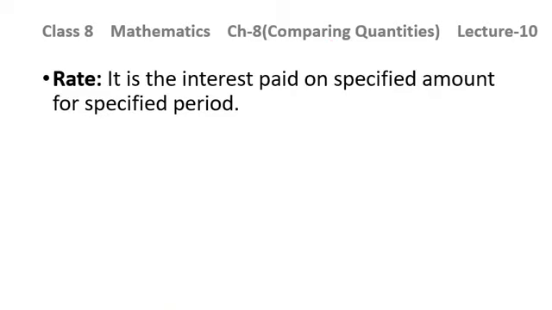Now coming to rate. What is this rate of interest? Rate is basically the interest paid on specified amount for specified period. Specified amount can be any amount, so it is the interest which is being paid on specified amount for specified duration or specified period.